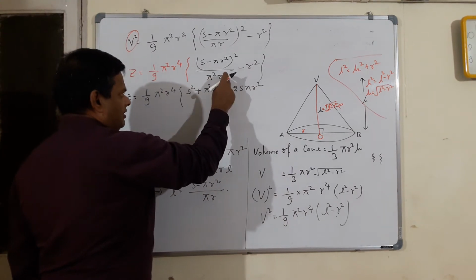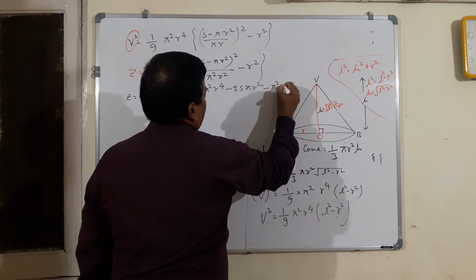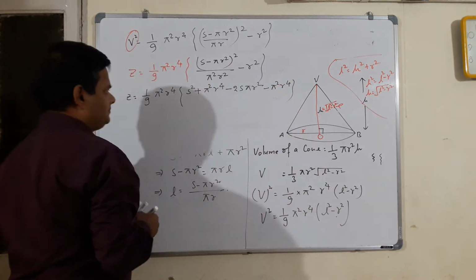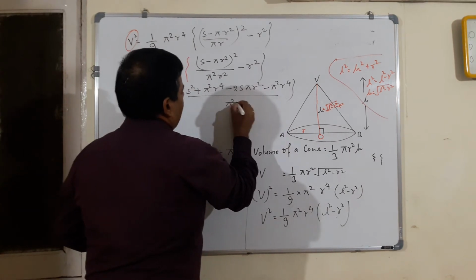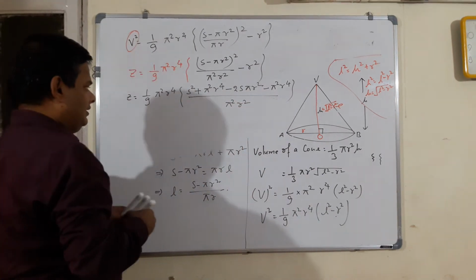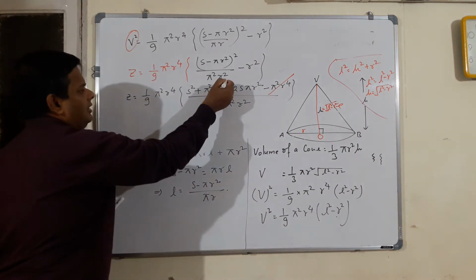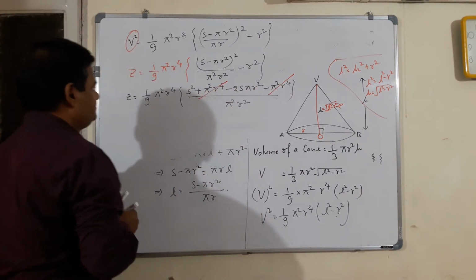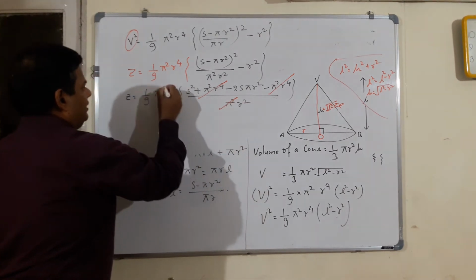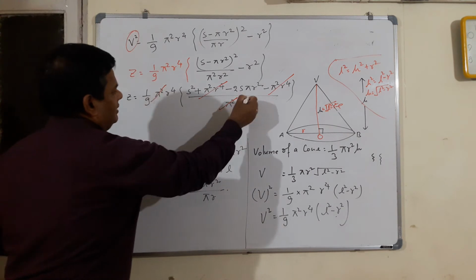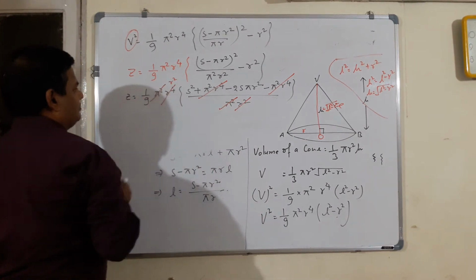Now pi square r square minus r square, with pi square r raised to the power 4 divided by pi square r square. This pi square r raised to the power 4 and that one cancel, pi square and pi square cancel, and r raised to 4 becomes r square.